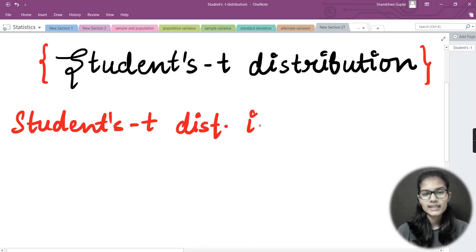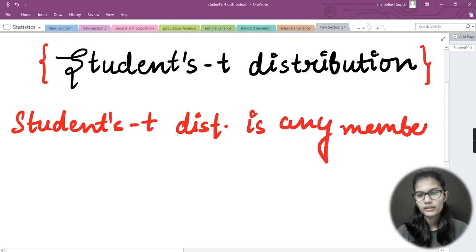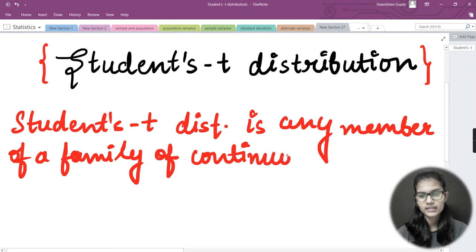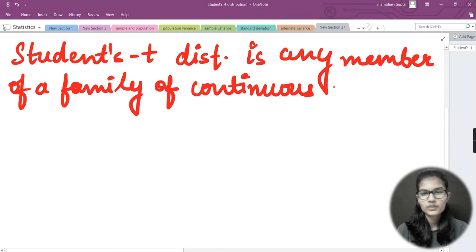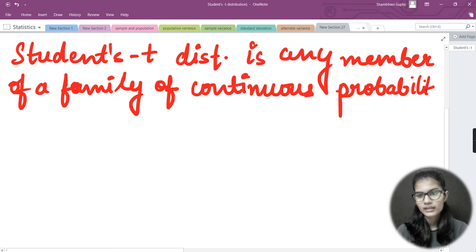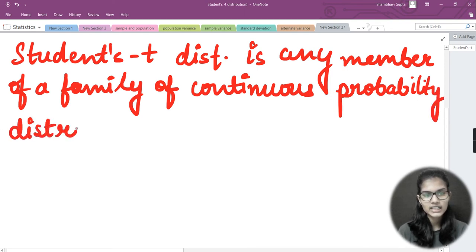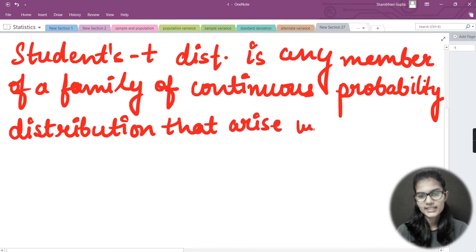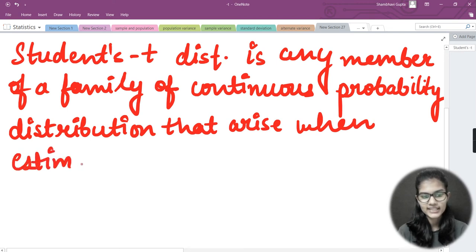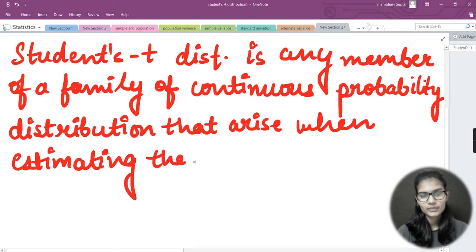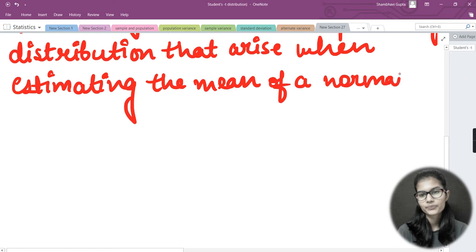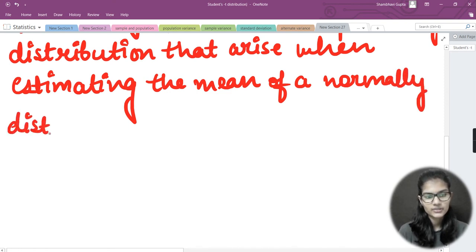So Student's t-distribution is any member of a family of continuous probability distributions that arise when estimating the mean of a normally distributed population, right?